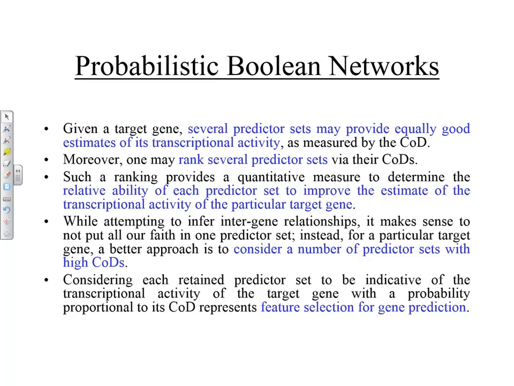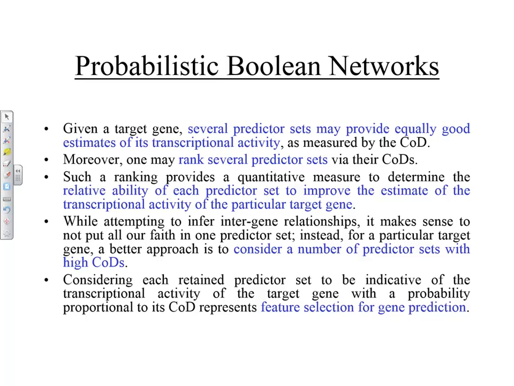Now, while attempting to infer intergene relationships, it makes sense to not put all your faith in one predictor set, especially since the data is supporting several different predictor sets. You're not going to just go with one predictor set; you're going to use different predictor sets. So for a particular target gene, a better approach is to consider a number of predictor sets with high COD. All of them are good predictor sets.